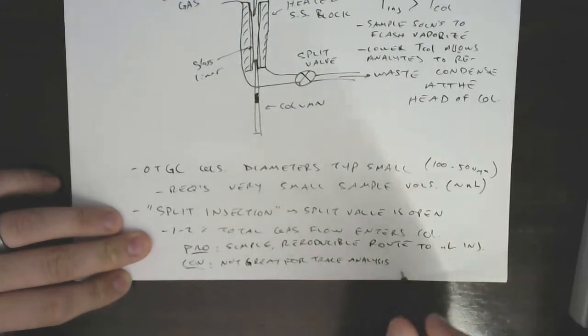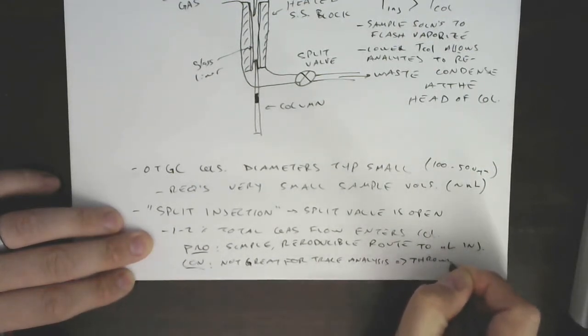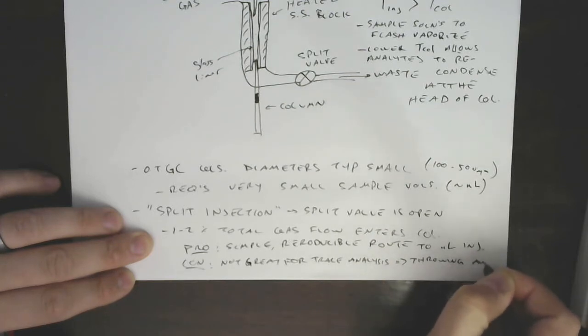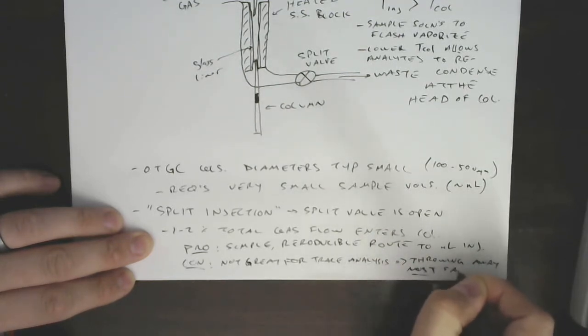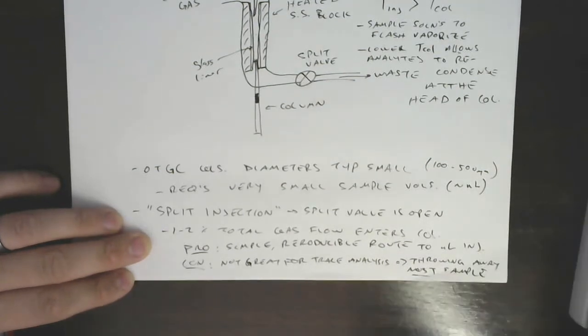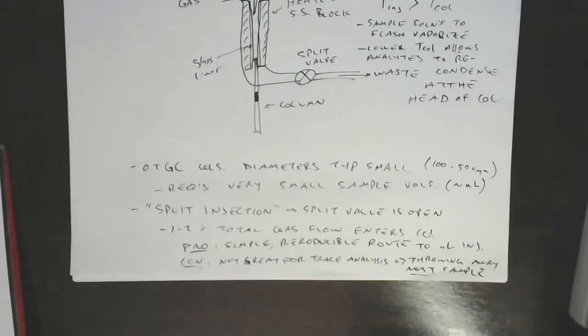So this is not great for trace analysis, and that's because you're throwing away most of your sample. Right, you're throwing away most of that sample. Excuse my terrible handwriting. And if your goal is to measure something that's barely there in the sample and you're throwing most of that sample away, well, you're not doing yourself any great favors.